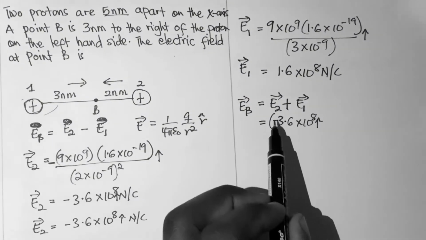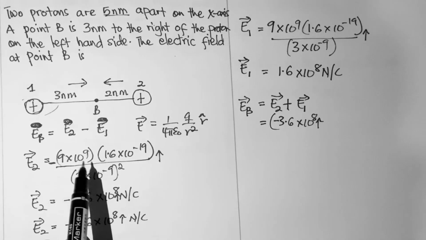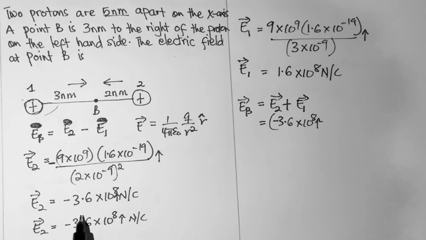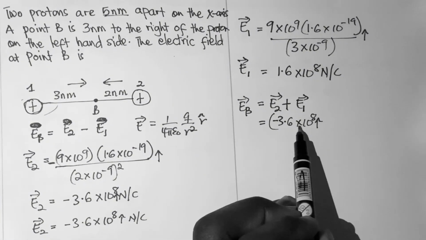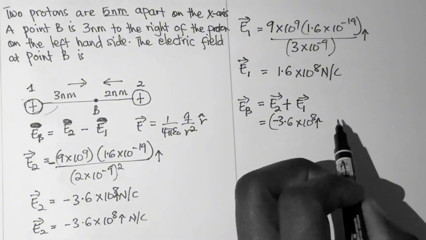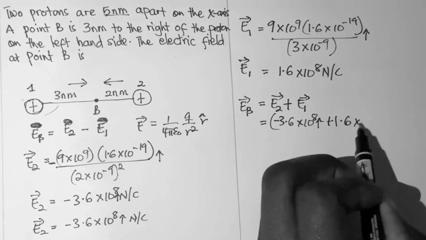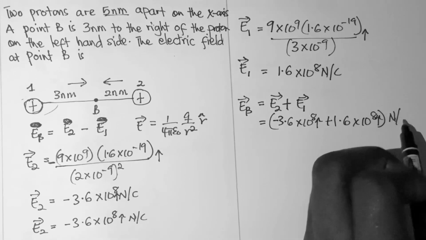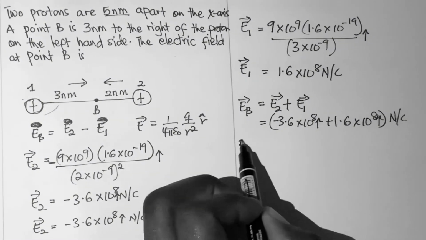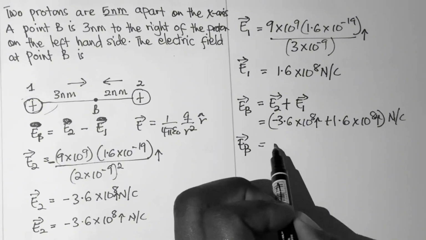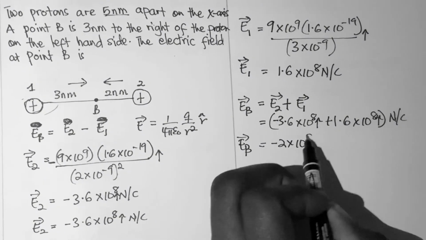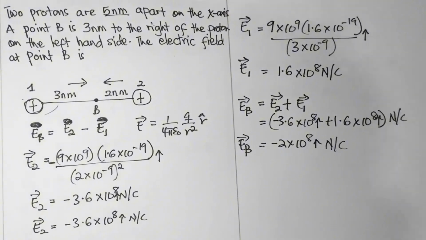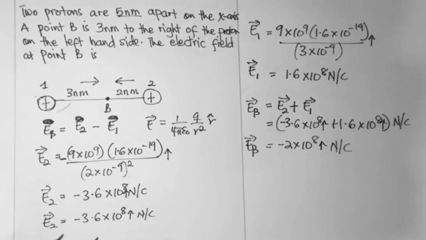But in terms of their vectors, we are just adding the electric fields about B. So since this is vectors, then here is minus 3.6 times 10 exponent 8 i, then plus 1.6 times 10 exponent 8 i newtons per coulomb. So the electric field EB is equal to minus 2 times 10 exponent 8 i newtons per coulomb. Please, let's take notice of this correction.